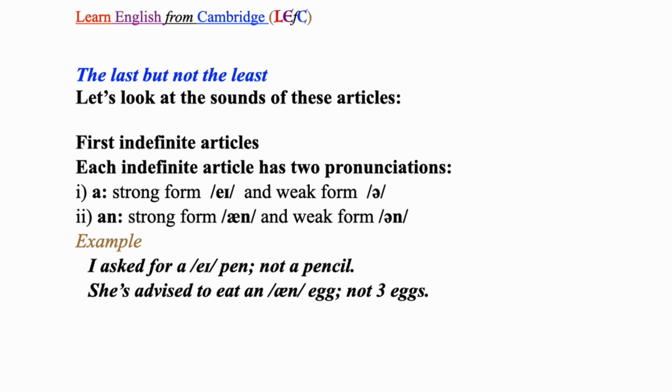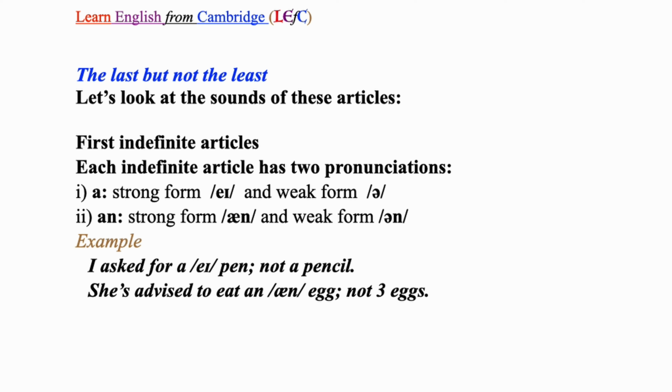Same is the case with an. Its strong form is pronounced as an, and its weak form as un, that is with schwa. Let's look at the examples. I asked for a pen, not a pencil.